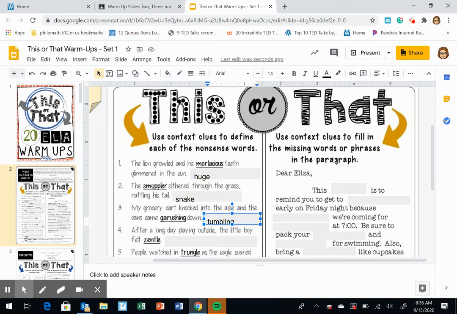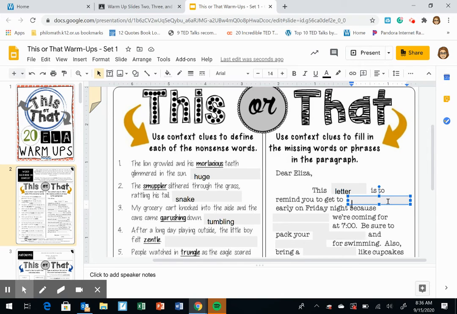For the that, let's move over here a little bit. So this one, you're going to use context clues to fill in the missing words or phrases in the paragraph. So for this one, it's a letter to Eliza. So this blank is to remind you. So maybe, would it be this letter, right? Because she's writing a letter. It's to remind you to get to blank early on Friday night because we're coming for blank at 7.